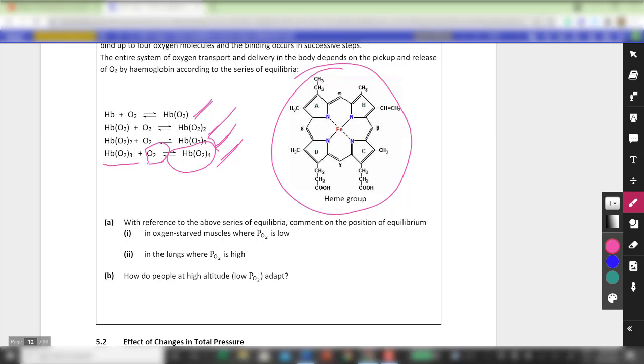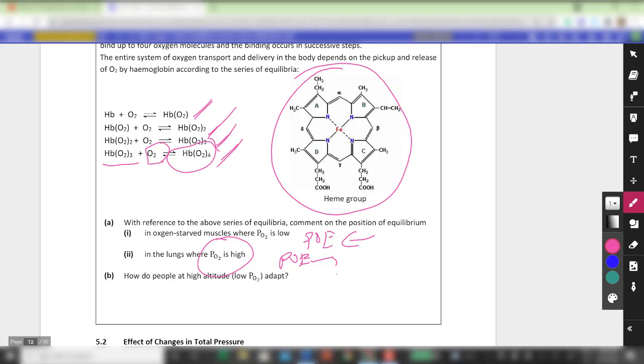So in this case, the position of equilibrium shifts left. And then, of course, where the partial pressure of oxygen is high, same thing, the position of equilibrium shifts right to form oxyhemoglobin. So I don't think I need to repeat the explanation for A2 because it's basically the reverse of A1.